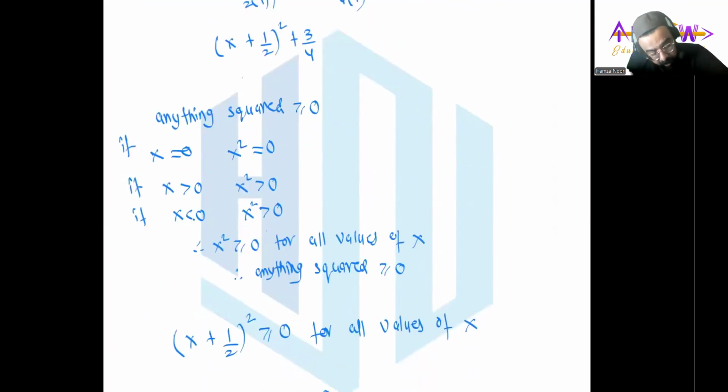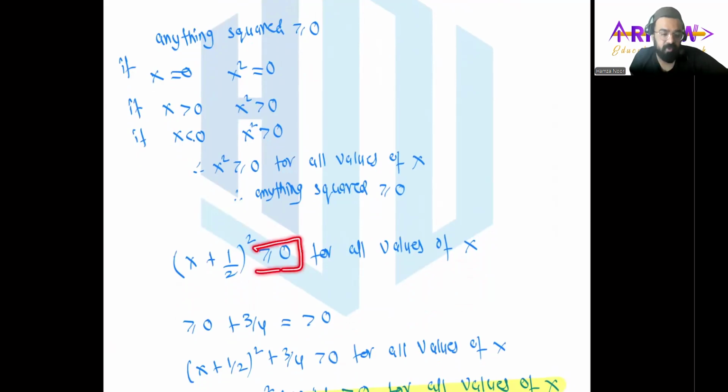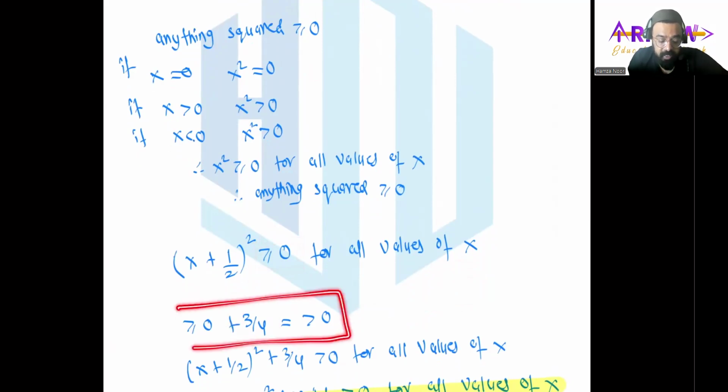Okay, so since anything squared is greater than or equal to 0, obviously x plus half whole square will also be greater than or equal to 0 for all values of x. Now, when you have something which is greater than or equal to 0, and you are adding a constant after that, you are adding 3 over 4, the whole outcome is going to be greater than 0, strictly speaking.